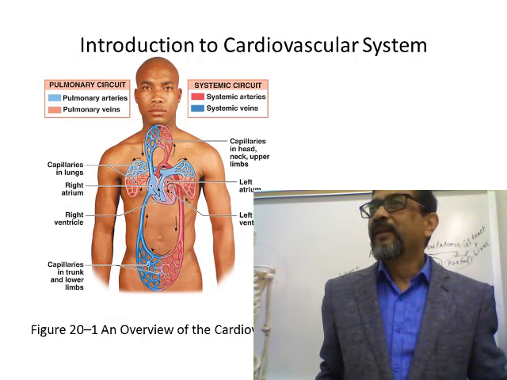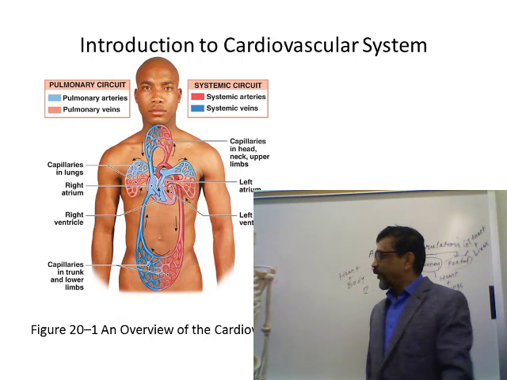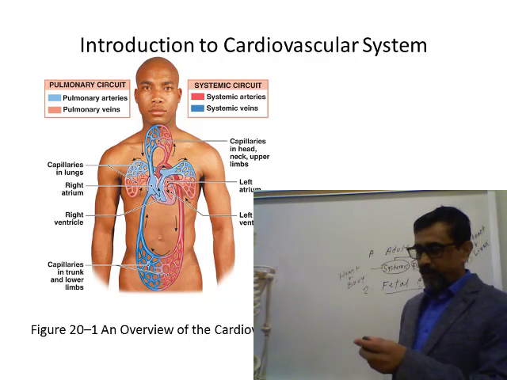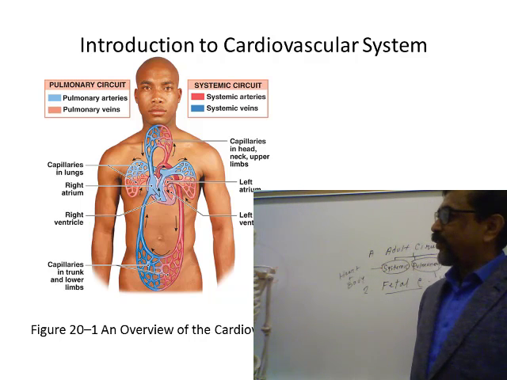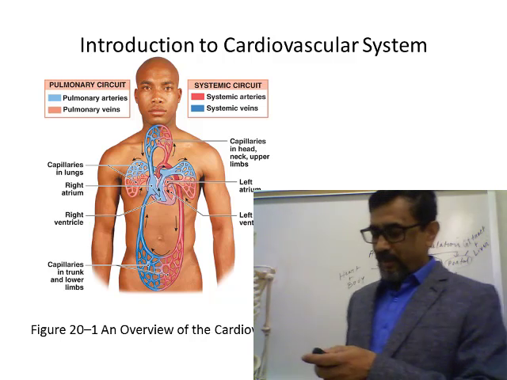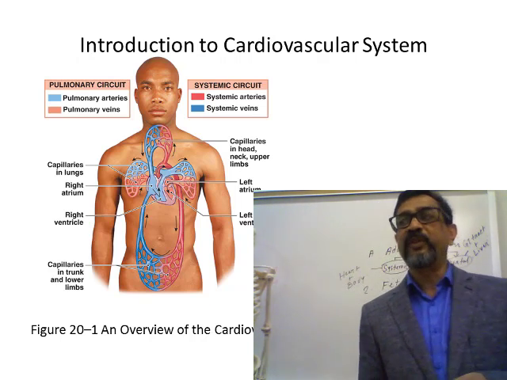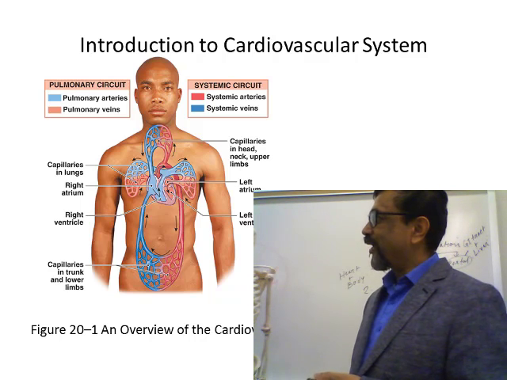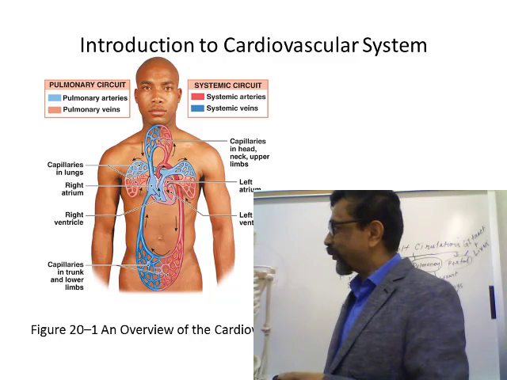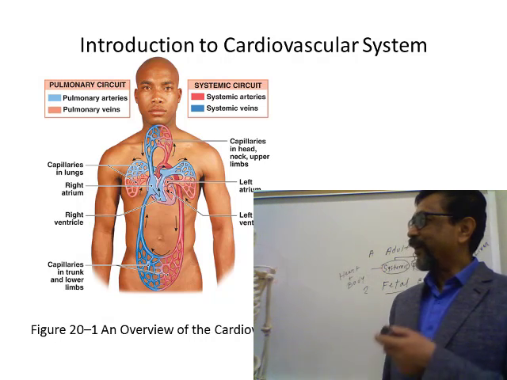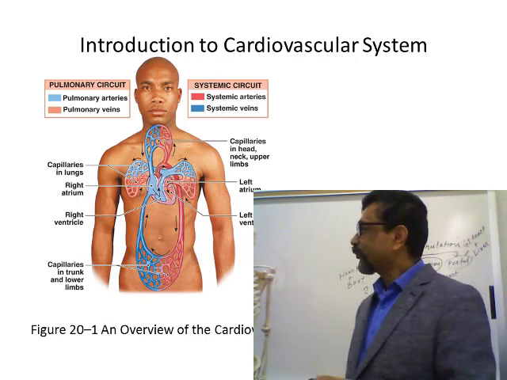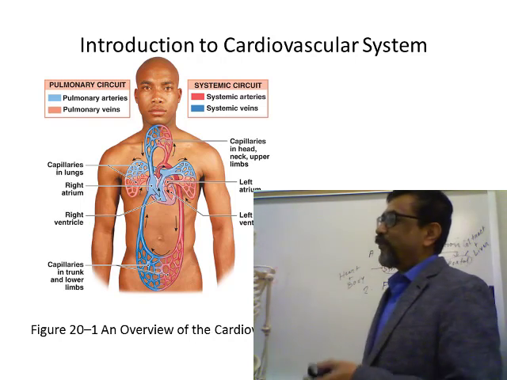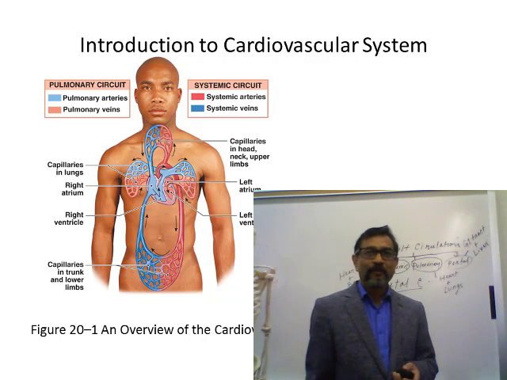Now, systemic circulation. After your heart receives oxygenated blood from the lungs, oxygenated blood is sent to the body, because the body needs oxygen, right? All tissue of your body, the whole body needs oxygen. You know that, right? So that oxygenated blood from the heart goes to the body to give oxygen to the tissue.